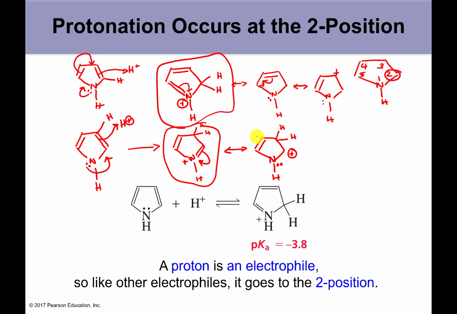But again, at first glance, there's not a good reason why we would expect 2 versus 3 versus 4, for example, in a 6-membered ring. And it turns out what you have to do is look at all the possible resonance contributors to come to that conclusion of what is the most stable position for substitution.